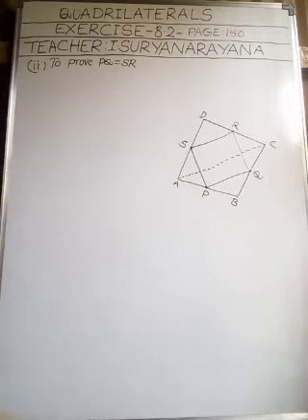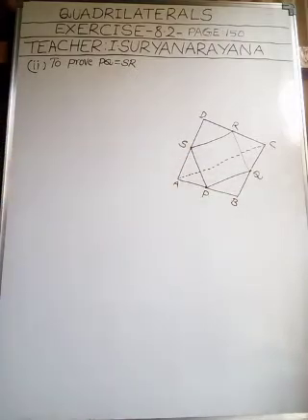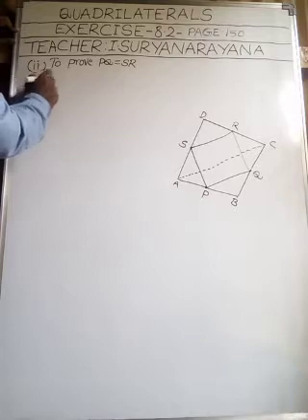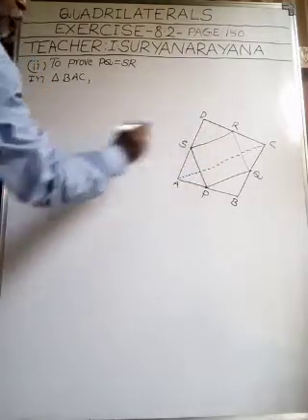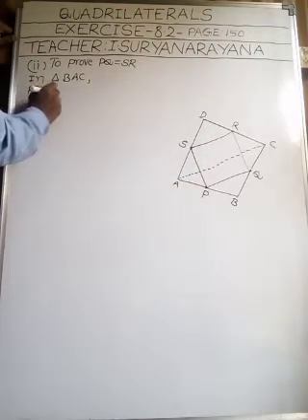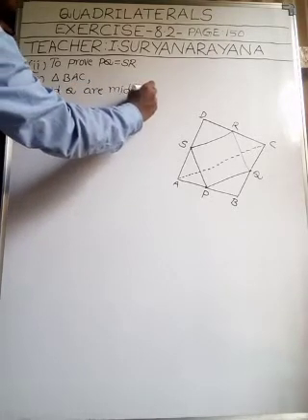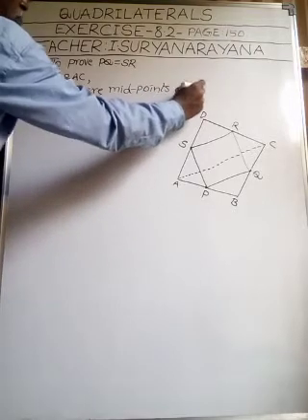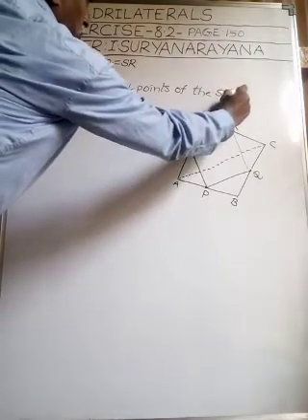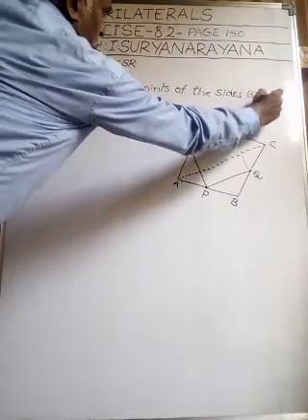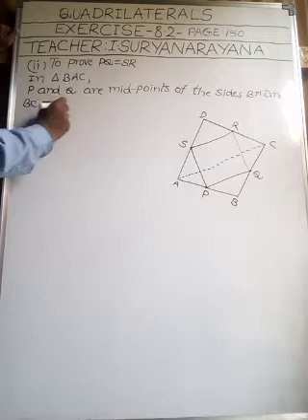Now, to prove this statement, let us take triangle BAC. In triangle BAC, P and Q are midpoints of the sides BA and BC respectively.